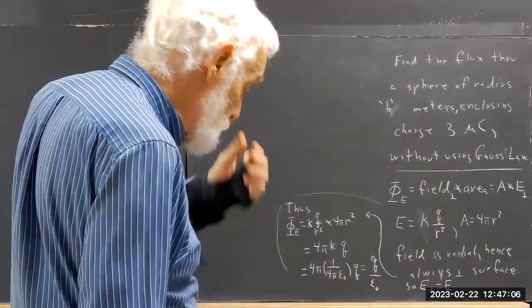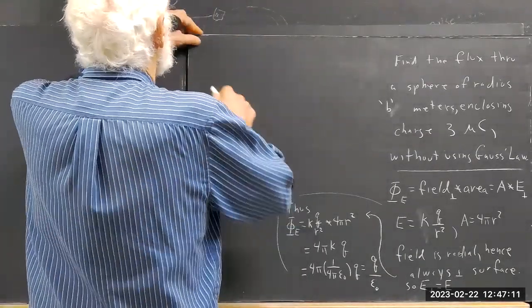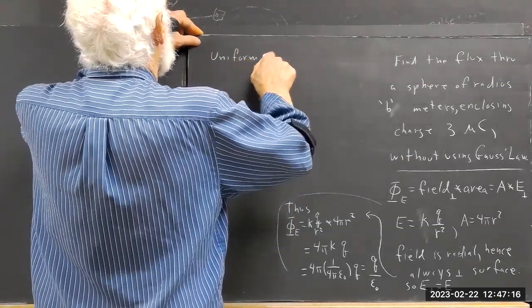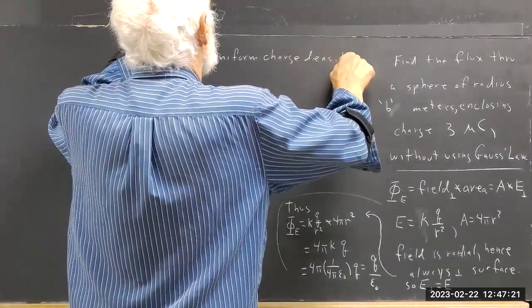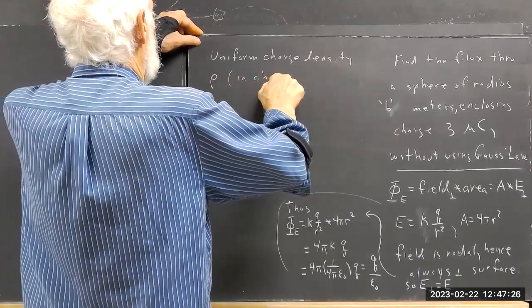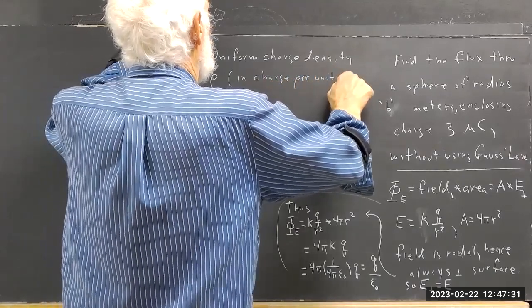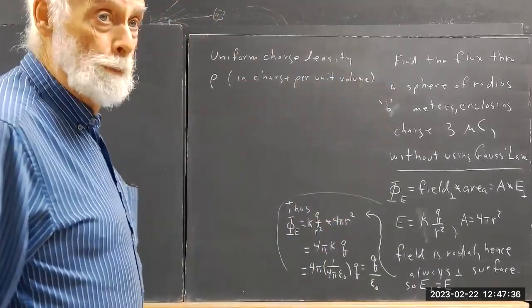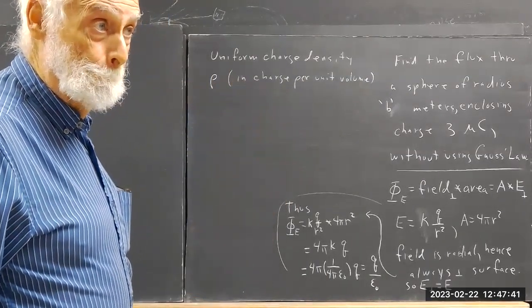So what I want to do now is let's assume that you have a uniform charge density rho, in units of charge per unit volume, right?